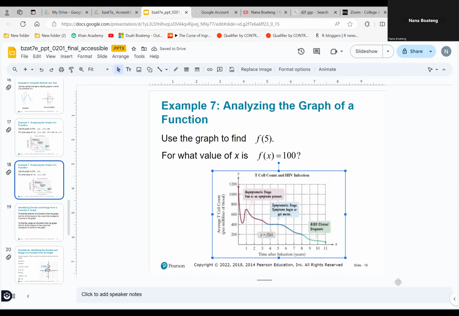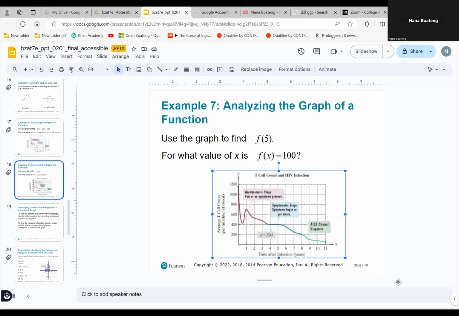If you trace 5 from the horizontal axis, it meets the function where on the y-axis the function equals 400. So that means f of 5 is equal to 400.